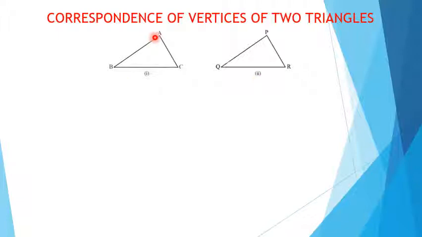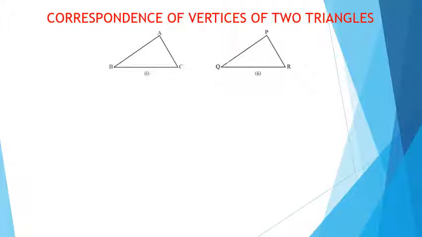And again we can establish the correspondence differently. Earlier A corresponded to P. Now we can assume vertex A corresponds to Q, vertex B corresponds to R, C corresponds to P, like that.